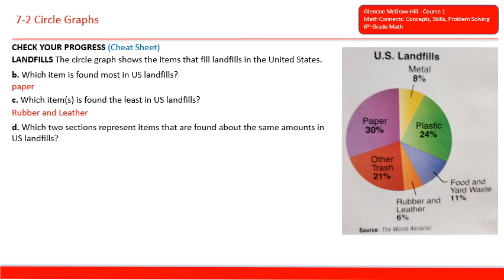And which two sections represent items that are found about the same amounts in U.S. landfills? So if we look around, we have a couple we could choose from, right? We have metal and food and yard waste are 3% apart. And then there's plastics and other trash that are 3% apart.